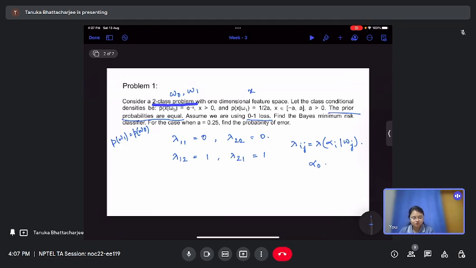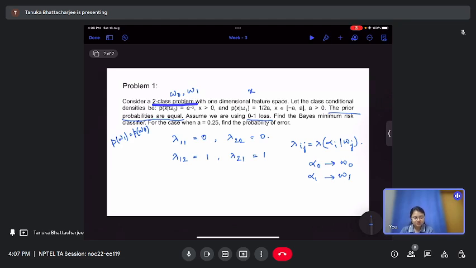So alpha 0 corresponds to being classified in class omega 0, and alpha 1 corresponds to classifying in class omega 1. So lambda ij is basically the loss of classifying in class omega i when the true class is omega j.